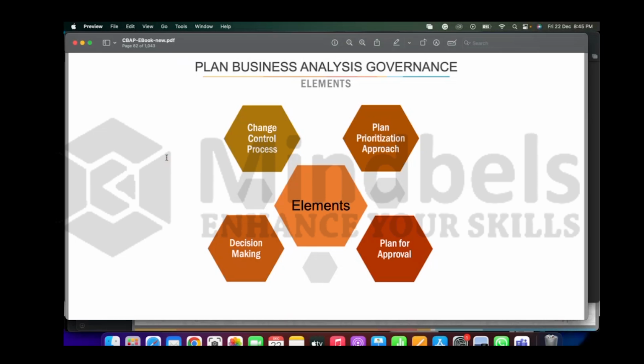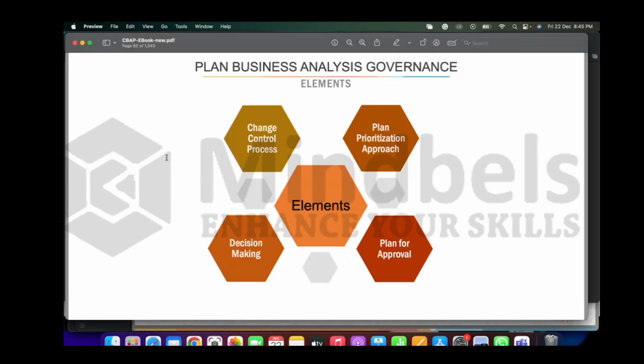You need to make sure you have this in place, because governance is very important. The reason being, this will help you to identify what approvals were taken, how many changes were done, what role individuals played. There are so many things that you would like to keep track of.